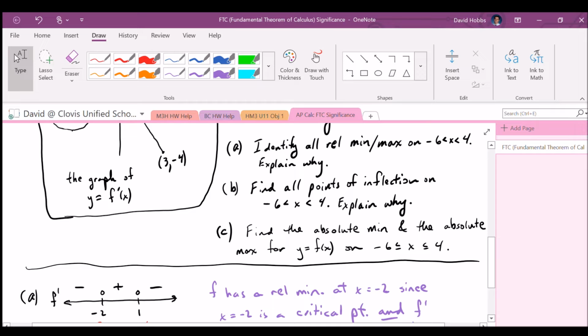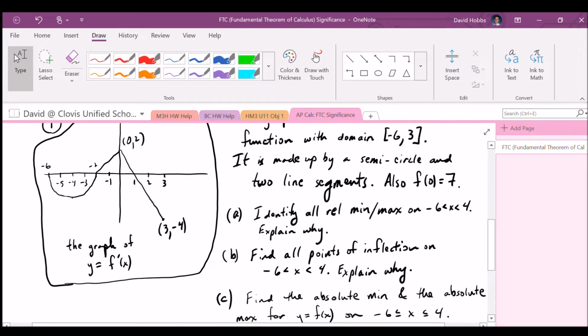Find all points of inflection. Okay, so part B. Now, since this is the graph of the derivative, to be able to get to the second derivative where we can identify points of inflection, you have to be thinking of slopes of tangent lines. Out here from -6 to -4, we've got negative slopes of tangent lines. And then at -4, you've got a 0 slope.